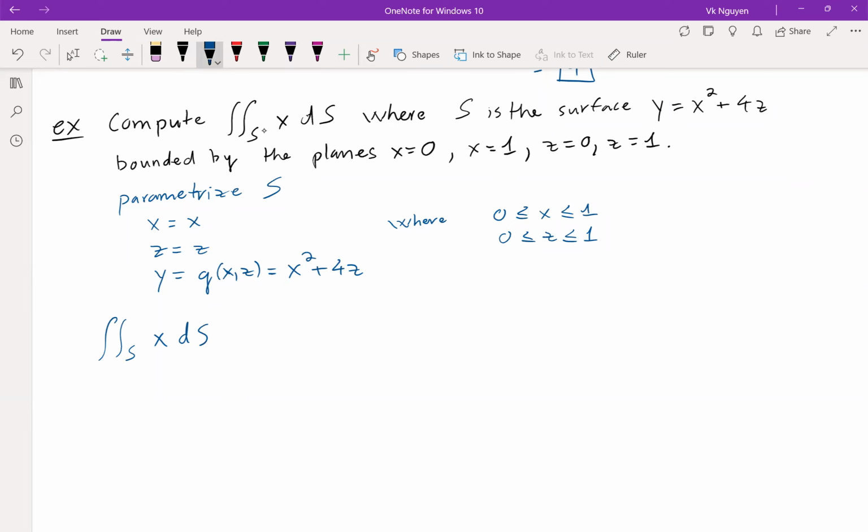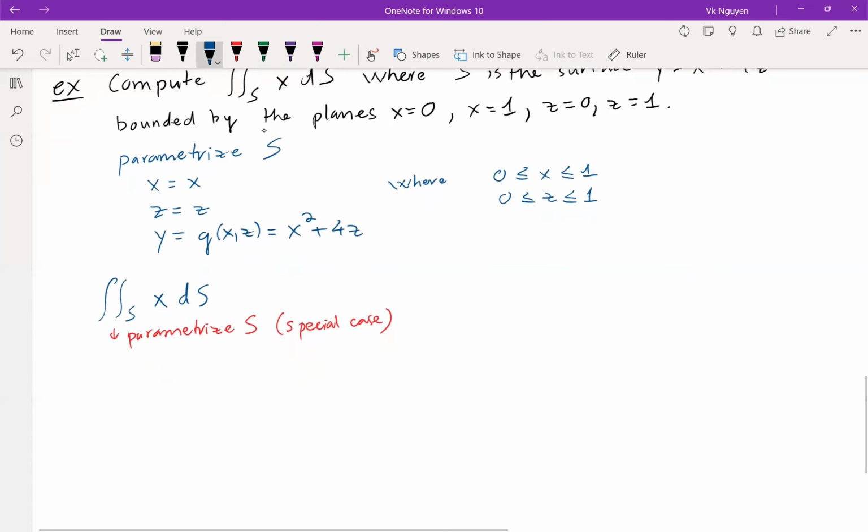We still have to parameterize S, but this is the special case here, then just a little twist here. Okay, so double integral over the region D of x, and then the dS here is going to be a root.